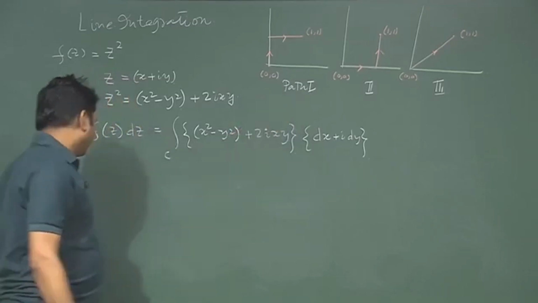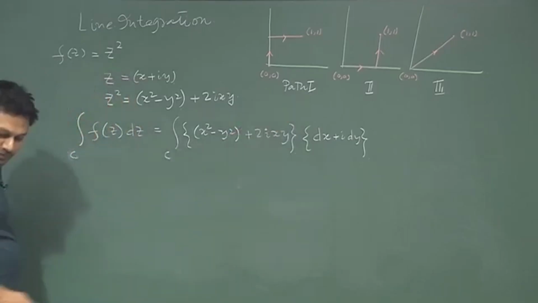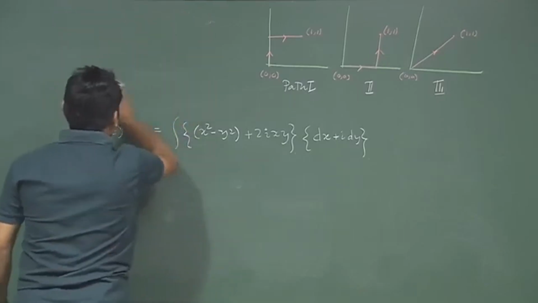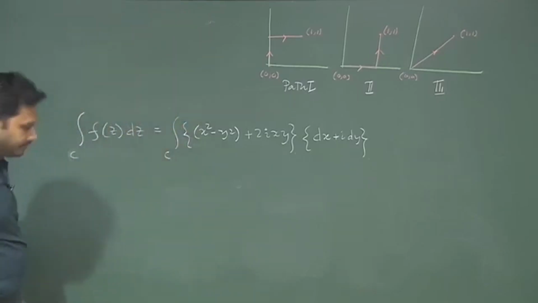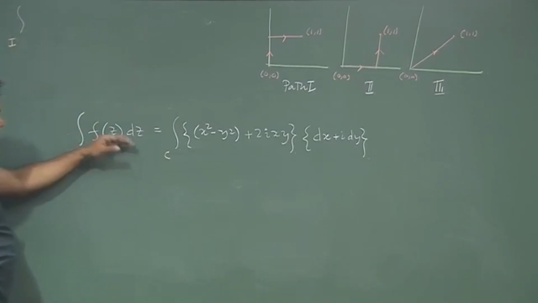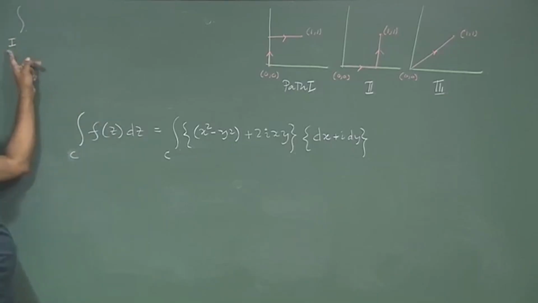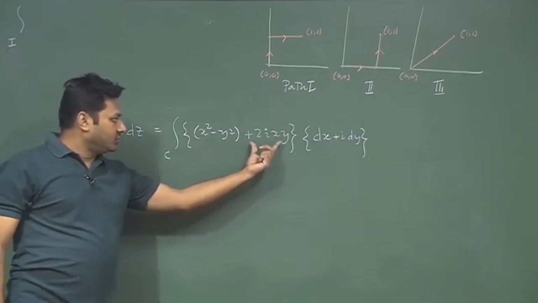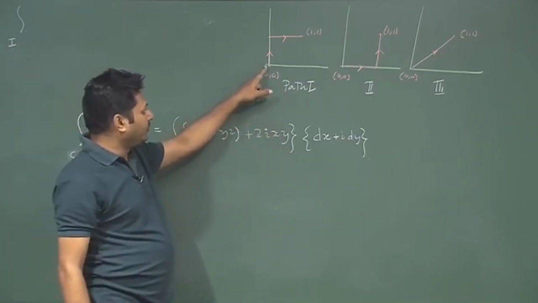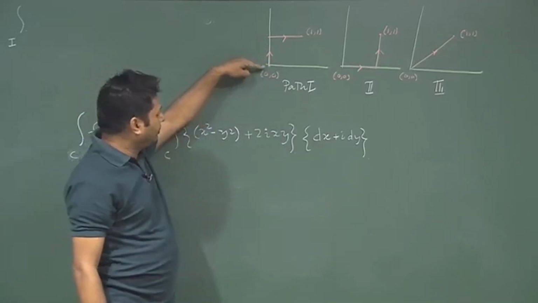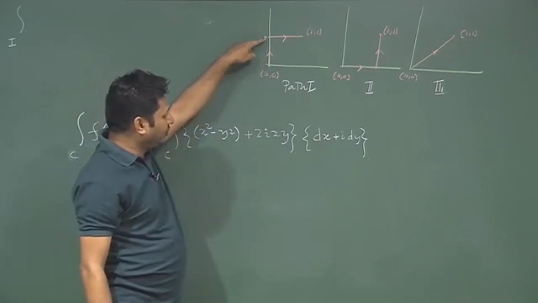For path 1, let me erase this part and calculate here. The integration for path 1: x square minus y square plus 2ixy. Here I am going from this portion to this portion, and there is no change in x.